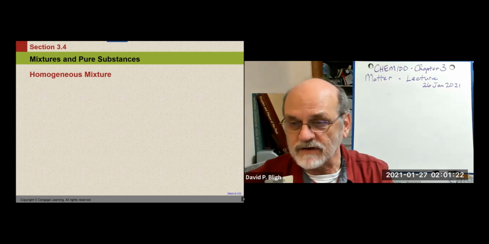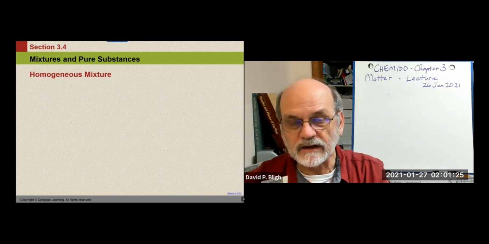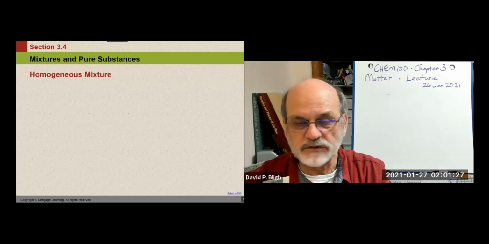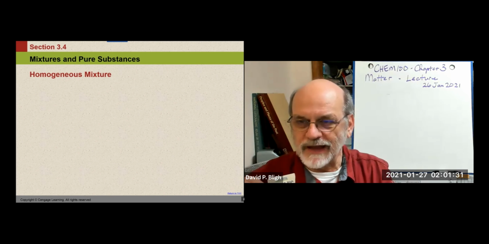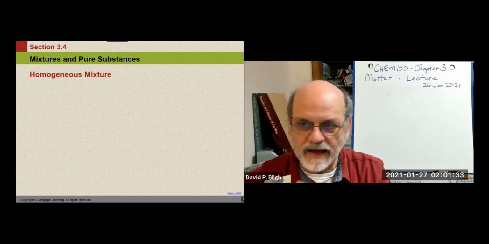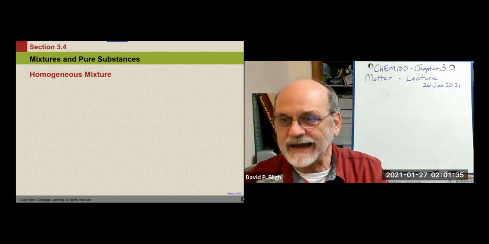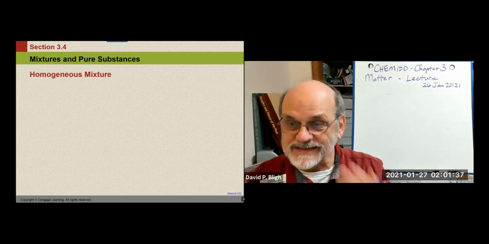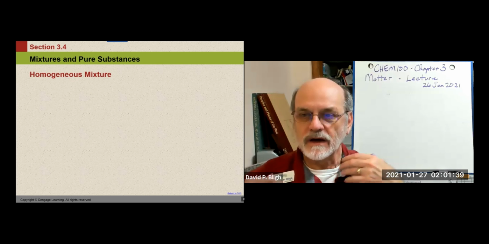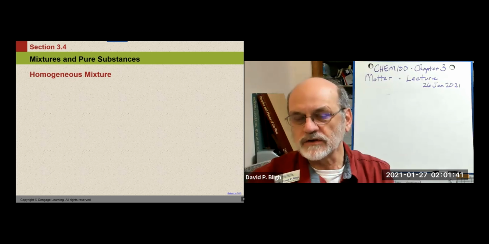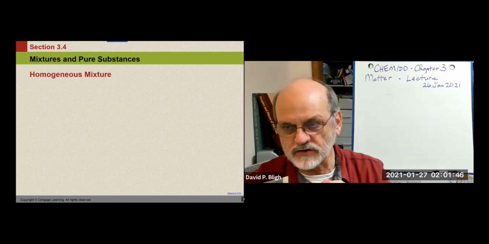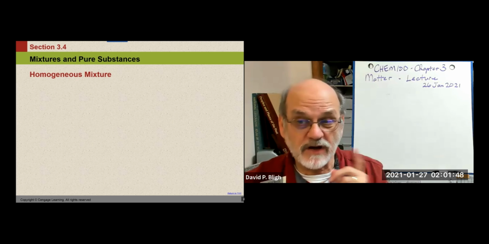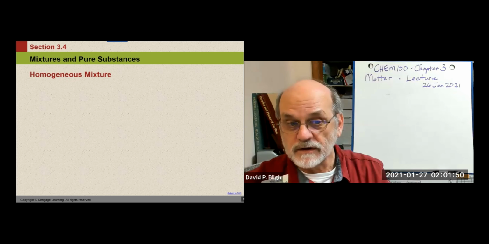For instance, if we have a glass of sugar water, and we take a small sample out, then another small sample, and another, and we analyze them, we find that each has exactly the same ratio of sugar to water every time. That's a homogeneous mixture. Homogeneous mixtures have another name. They're called solutions.